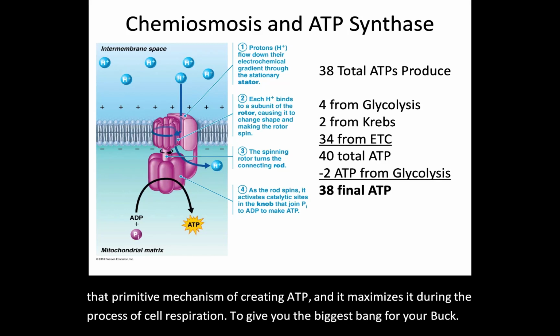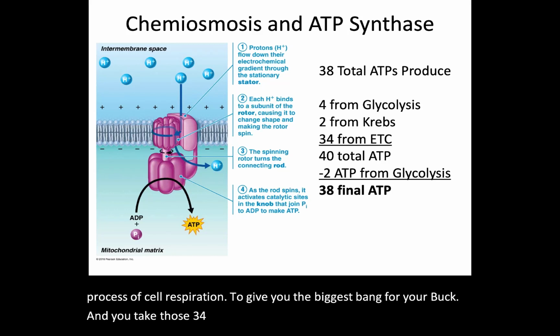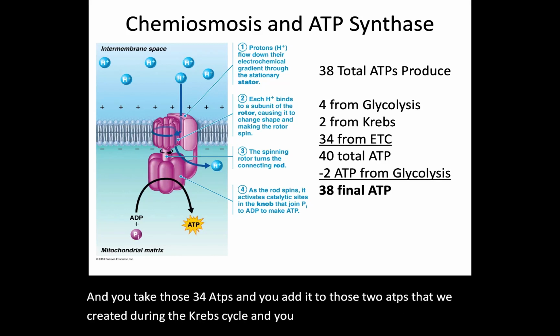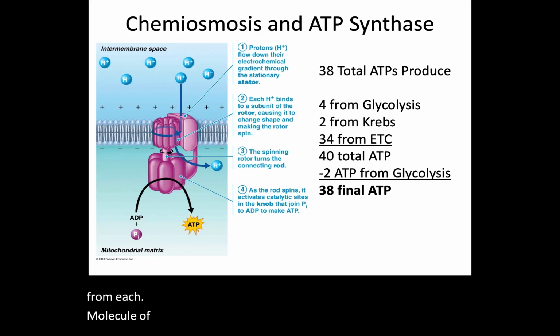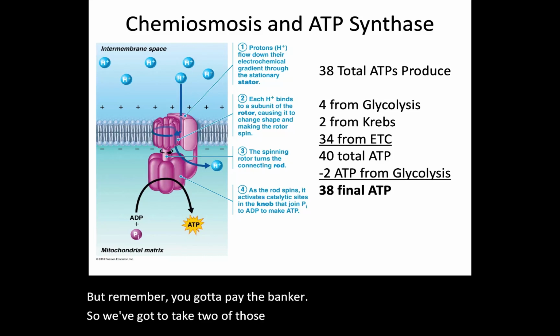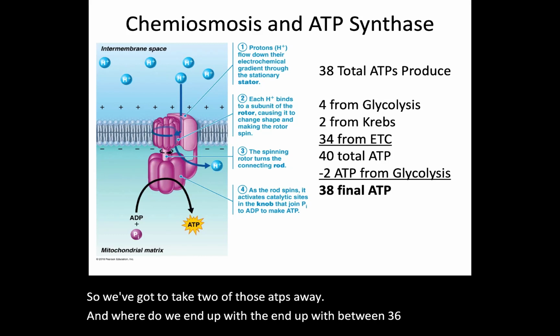And you take those 34 ATPs and you add it to those 2 ATPs that we created during the Krebs cycle, and you add it to the 4 ATPs that you created during glycolysis, and you create 40 ATP molecules from each molecule of glucose. But remember, you got to pay the banker. And so we got to take 2 of those ATPs away. And what do we end up with? You end up with between 36 and 38 ATP molecules.